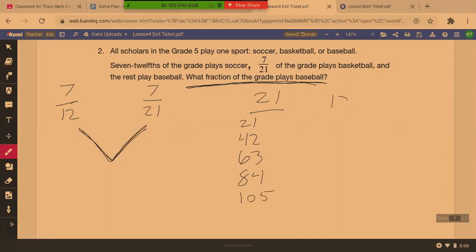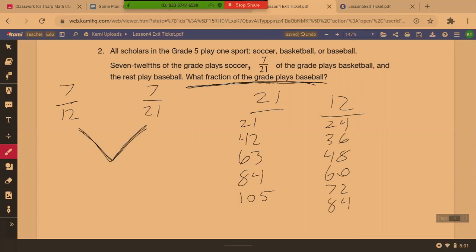Okay, now we're going to do 12. I hope you know your times tables for 12. So 12 times 2 equals 24. 12 times 3 equals 36. 4 is 48. 5 is 60. 6, what is 6? 72. 8 is 84.